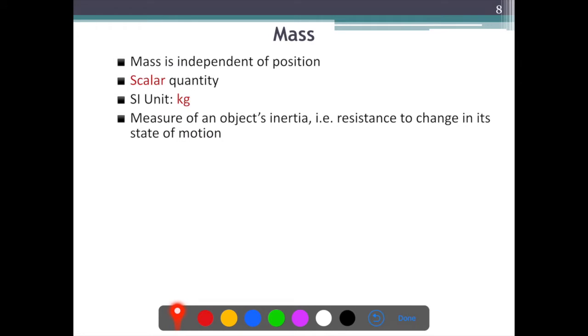So mass is a measure of an object's inertia. Inertia, which we will encounter in the next lectures when we talk about Newton's laws of motion. Inertia is essentially the resistance of an object to changes in its motion. So the higher the inertia of an object, the more resistant it is to changes in motion.